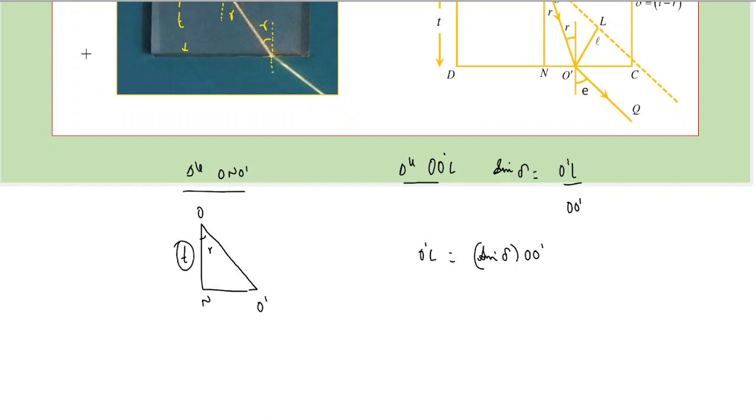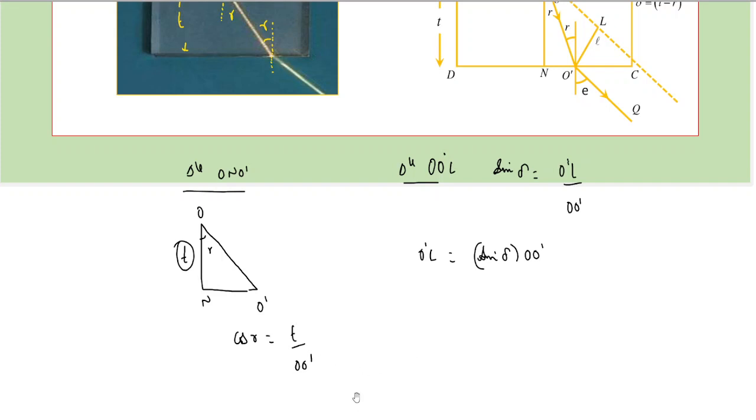So we need to connect some trigonometric function with ON. We know T and the hypotenuse, so the simplest thing would be to use cosine. From here, cos R is equal to T by O dash.